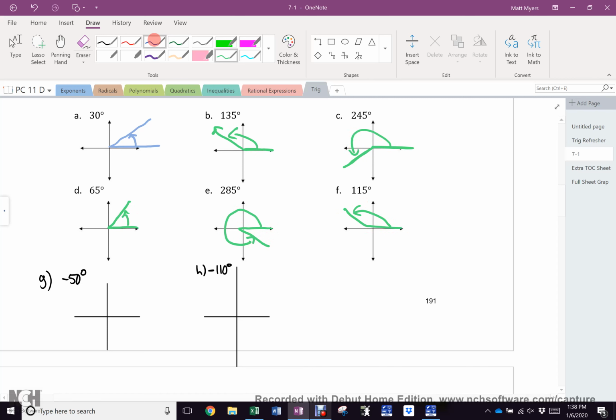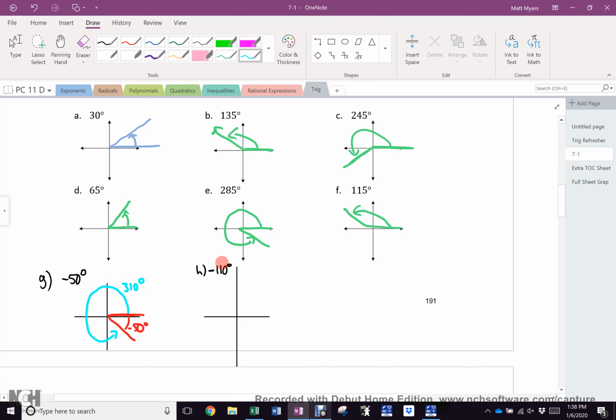Okay. Where's G going to go? It's going to go the other way, down there, in quadrant 4. Right? That is negative 50. What else is it? What would it be if I had gone this way? 310.